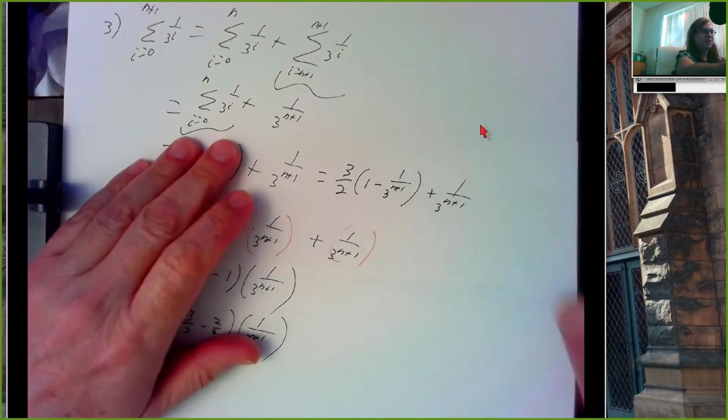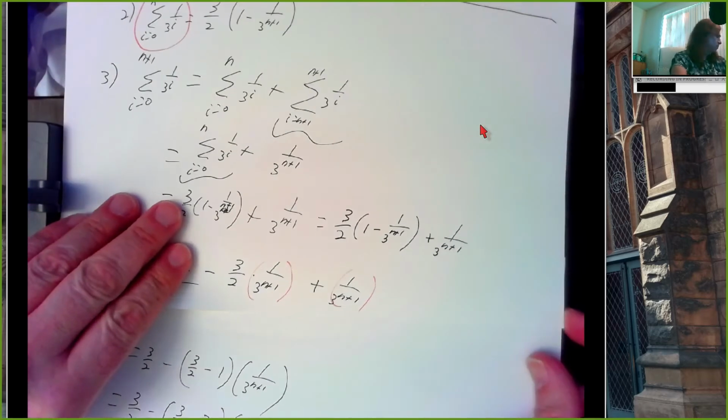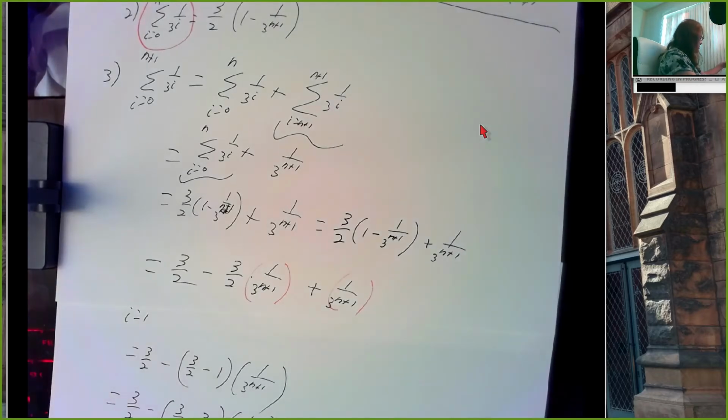Right, so remember we're trying to turn it into... Where'd my sheet go?